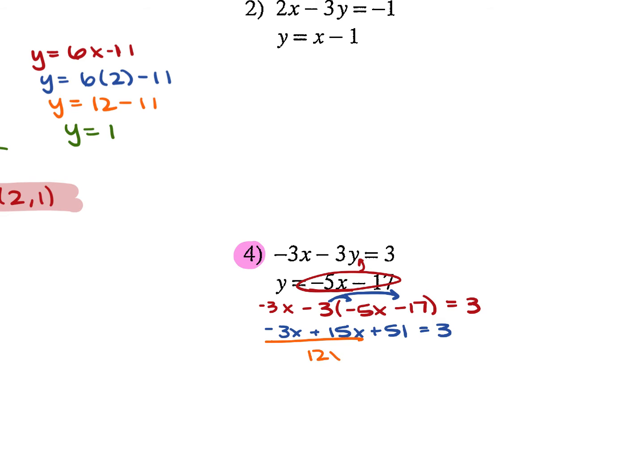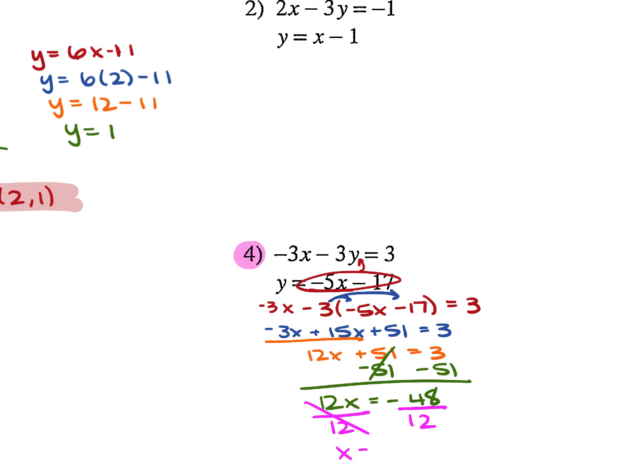From here, we're going to combine those like terms. So this gives us 12x plus 51 is equal to 3. We're going to subtract that 51 from each side. So we have 12x is equal to negative 48. From here, we're going to divide each side by the 12. And we get that x is equal to negative 4.